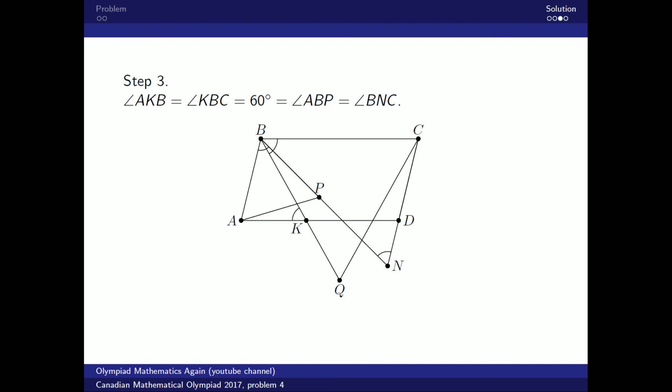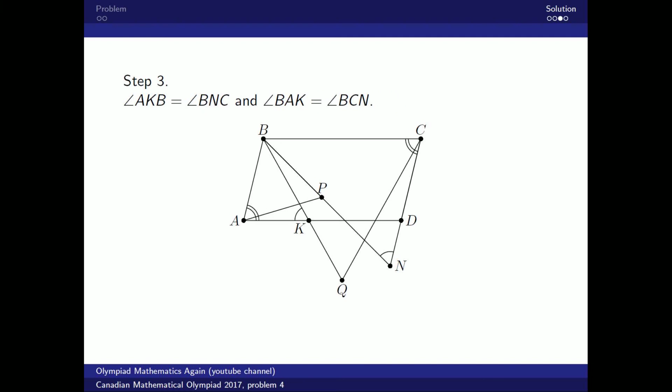Okay. So then the angle BAK is equal to the angle BCN, just because they're opposite angles in the parallelogram ABCD. So we have these two pairs of angles which are equal to each other.